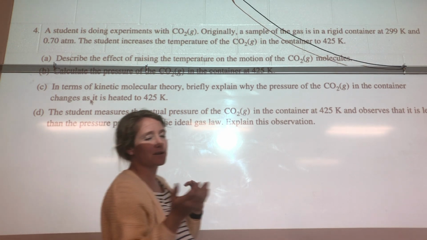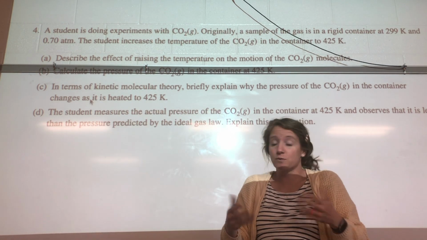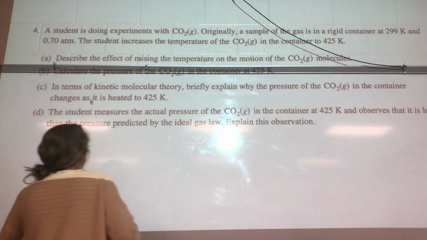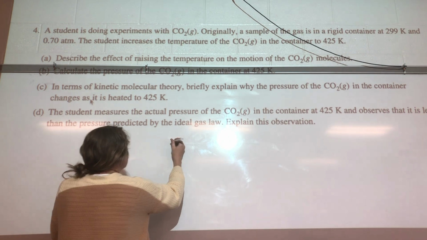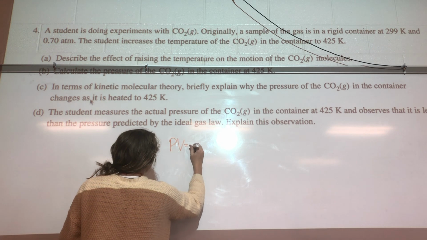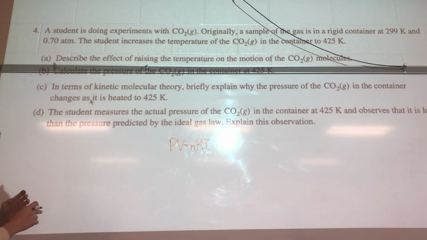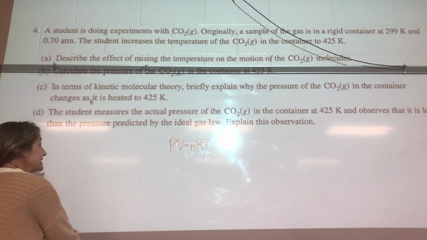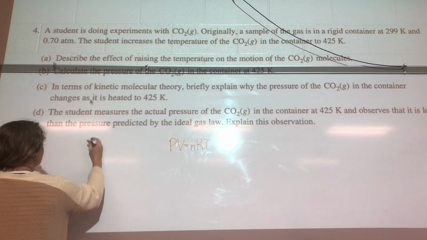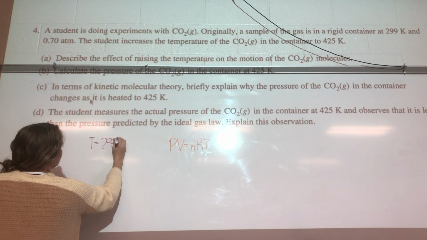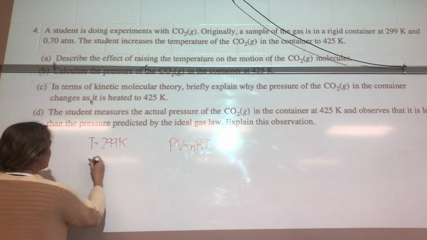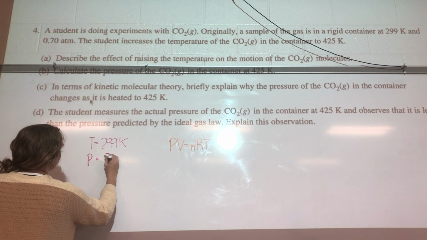Now, before I said when a problem says pressure, think PV=nRT, which we are using here. But if you try to write it out, you'll find that we're missing information. Because if you go up to what's given, they give me a temperature, 299 Kelvin. They give me a pressure already.